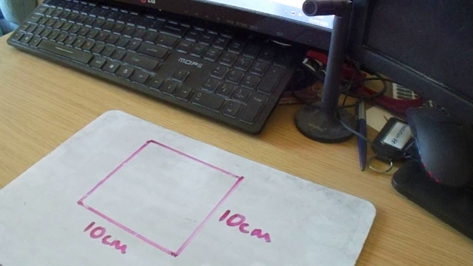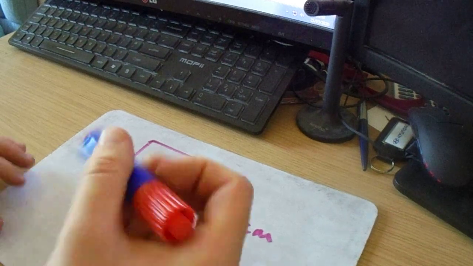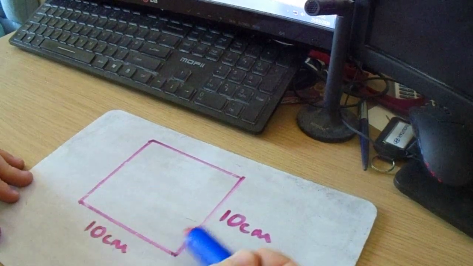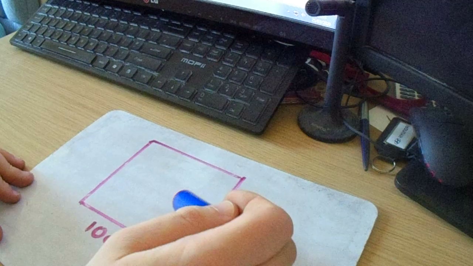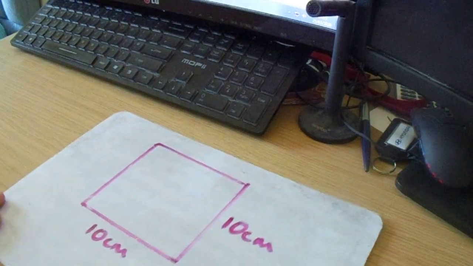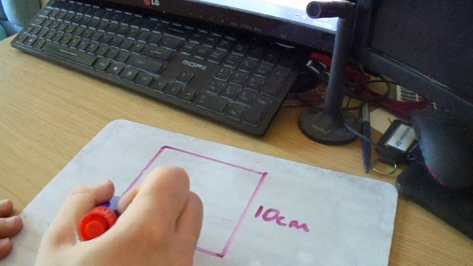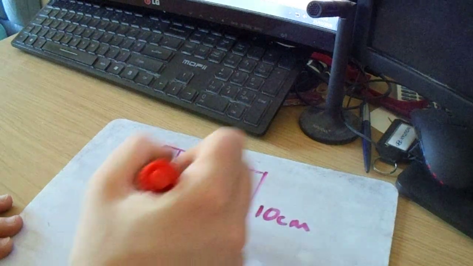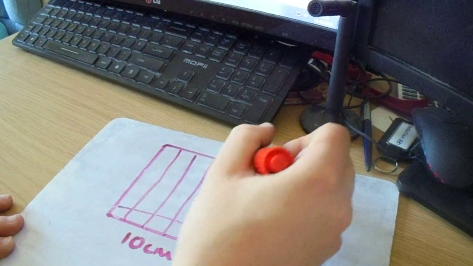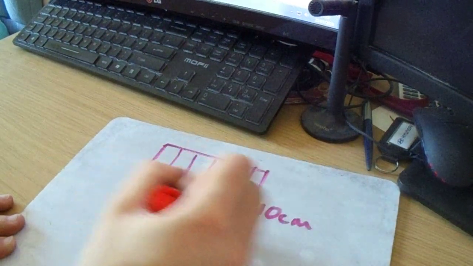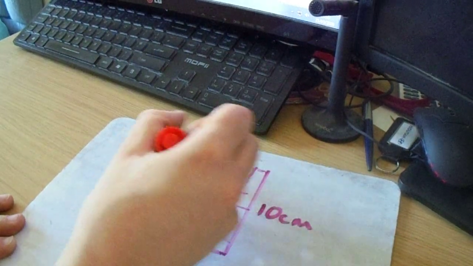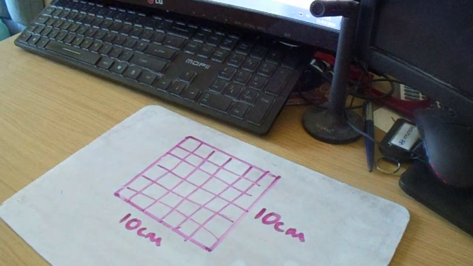Now, with area, what we are trying to find is how much stuff there is in the middle of our shape. Now, if I split this up into a grid, it would almost be the equivalent of counting how many squares, how many centimetre squares there are in my grid.